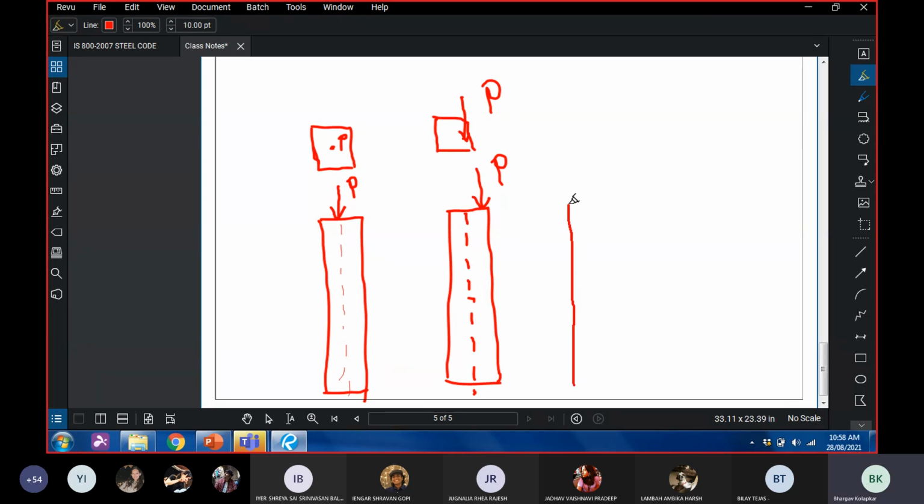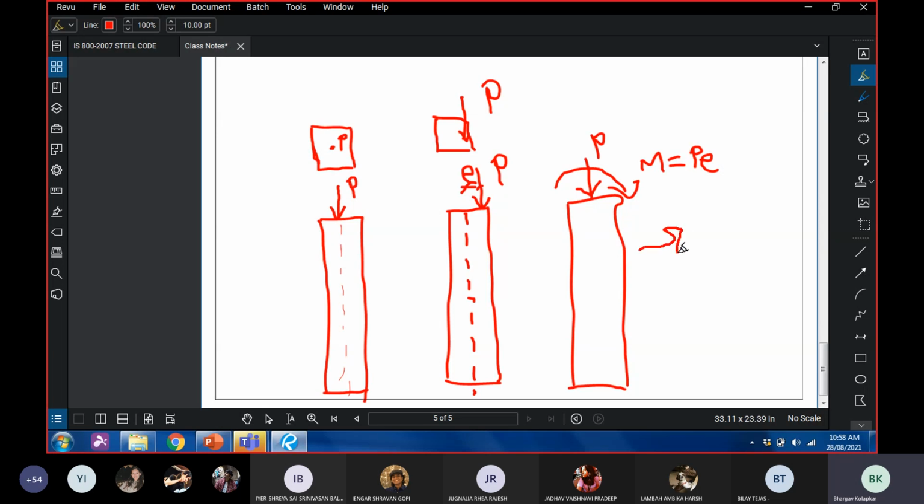So we can split this into two components. The first component is the axial load, acting at an eccentricity of e. The second component is a moment equal to P times e.